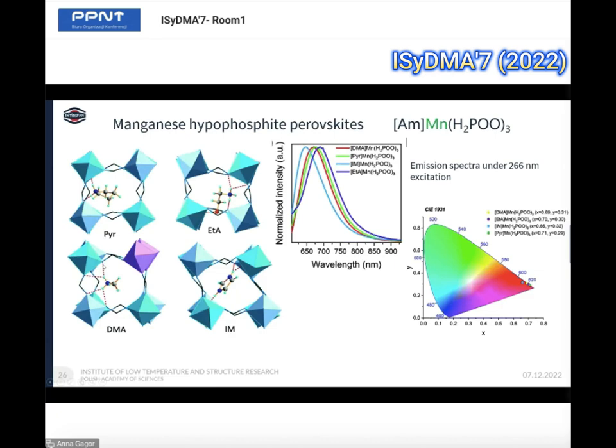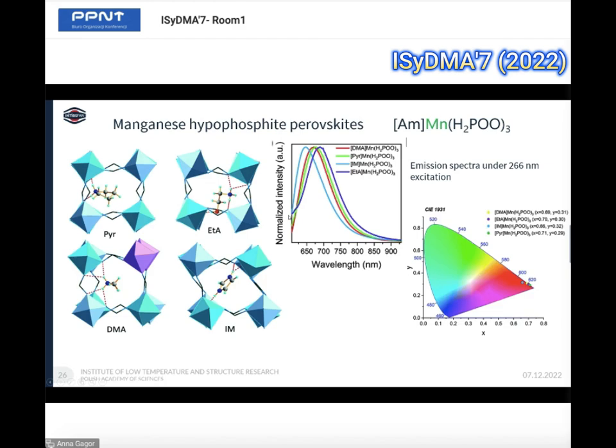We can see that all hydrogen atoms from amines interact with the metal hypophosphate substructure. So, perfect crystals without phase transitions, and what we can do with them is just see the optical behavior.